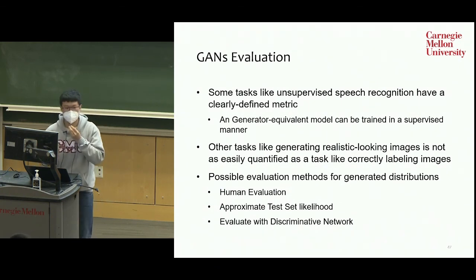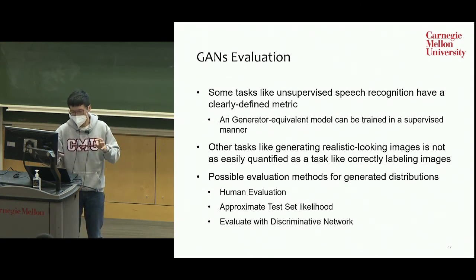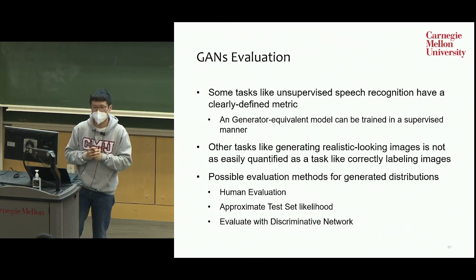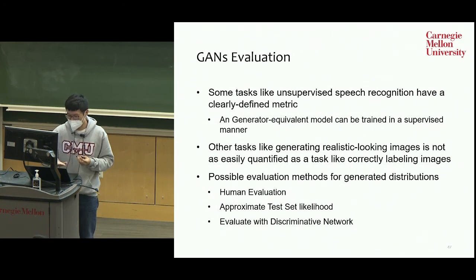However, for other tasks such as the image generation that we saw earlier, generating realistic-looking images is not easily quantifiable, at least not programmatically. So here are a few possible evaluation methods.